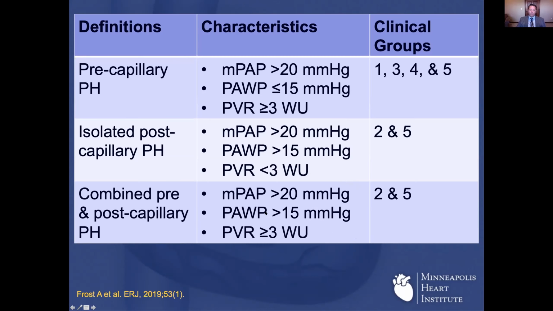So the wedge is high, the mean PA pressure is high, but the pulmonary vascular resistance is also elevated. And this is generally a category that is challenging to treat, as we have very few studies to hang our hat on in how to treat these patients.